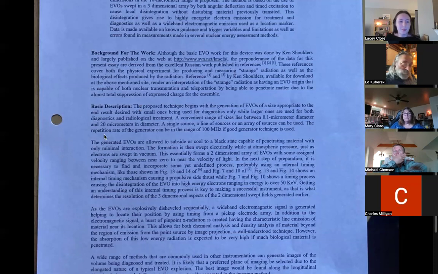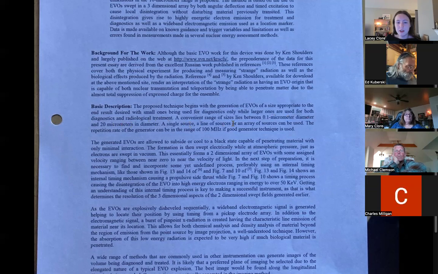Basic description. The proposed technique begins with the generation of EVOs of a size appropriate to the end result desired, with small ones being used for diagnostics only, while larger ones are used for both diagnostics and radiological treatment.